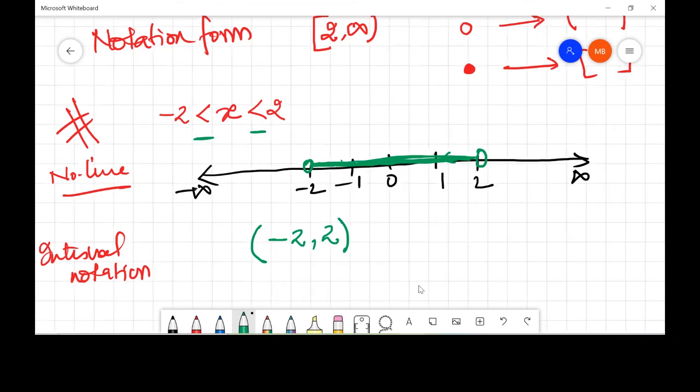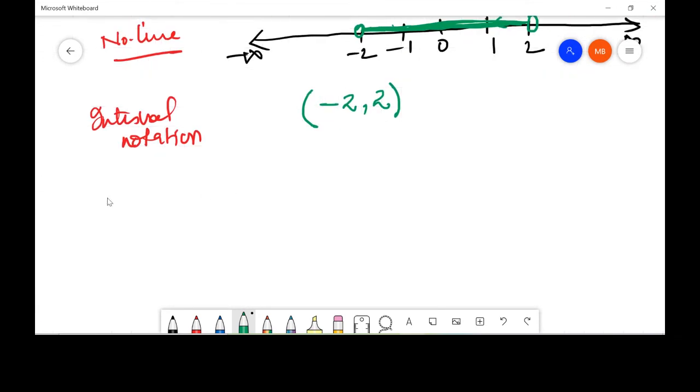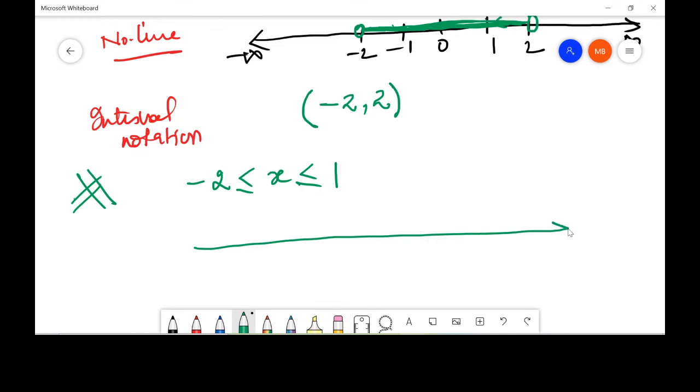If I replace the condition, say in the next example, if we put x greater than or equal to -2, and say less than or equal to 1. What will be the representation in this case? This is 0, this is -1, this is -2, this is +1, this is +2.